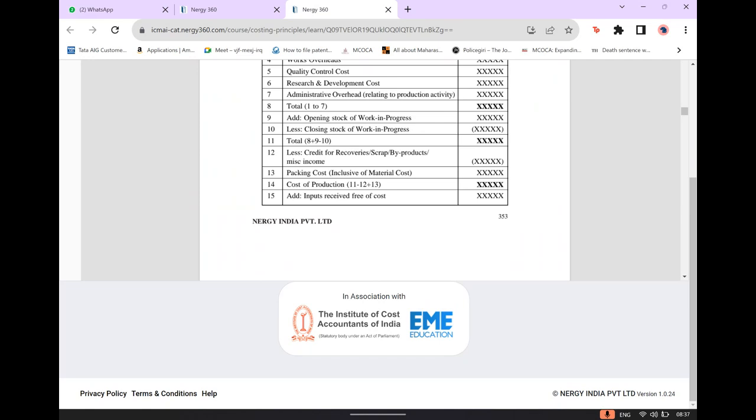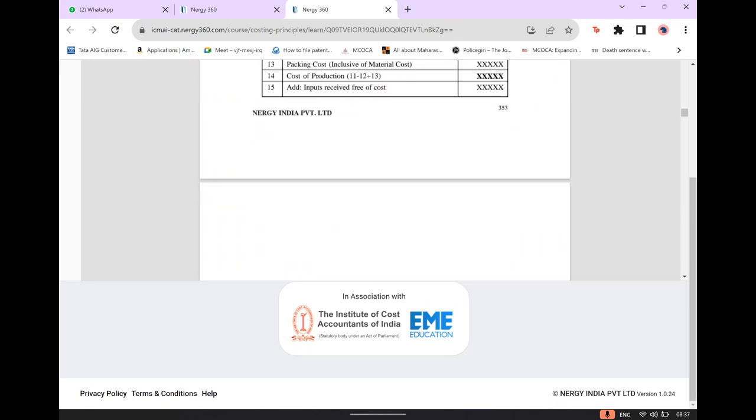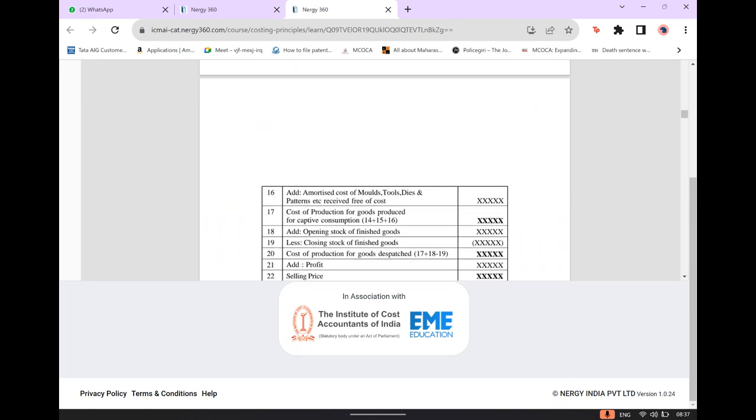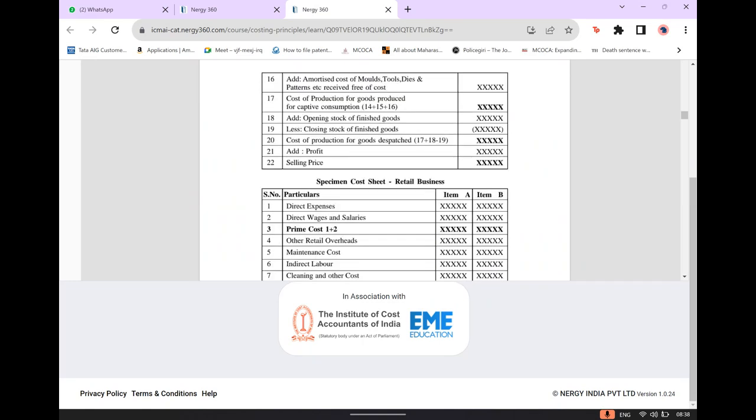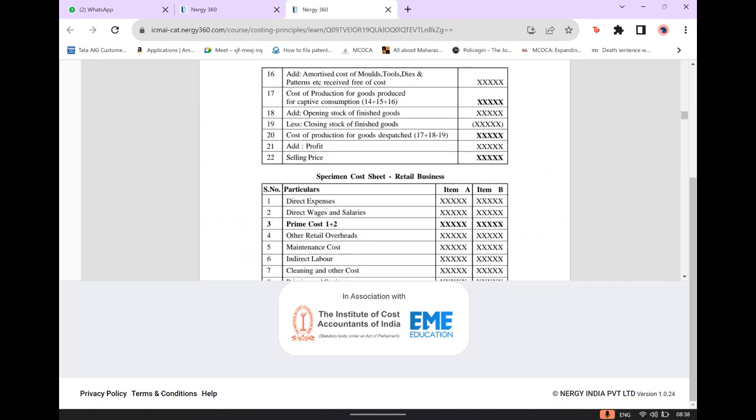So cost of production, then you have inputs received free of cost. There will be some certain samples and all. So that will be adjusted with the cost of production. Then amortized cost or amortization cost. So all these dies and all will be amortized. So it is like a depreciation only. Because they are not fixed assets, you are going to amortize it.